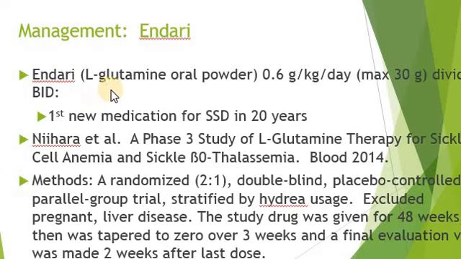Endari is L-glutamine oral powder that is prescribed at about 0.6 gram per kg per day, maximum 30 gram divided twice a day. It is our first new medication for SCD in 20 years, and it was in a phase 3 trial for sickle cell anemia that showed improvement in the symptoms of sickle cell disease.